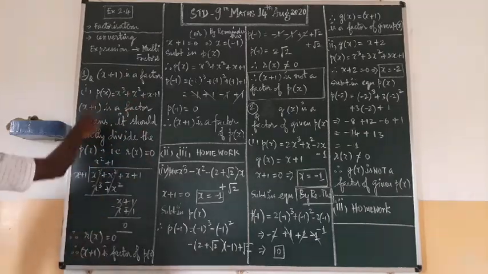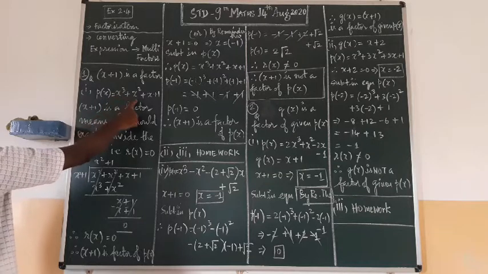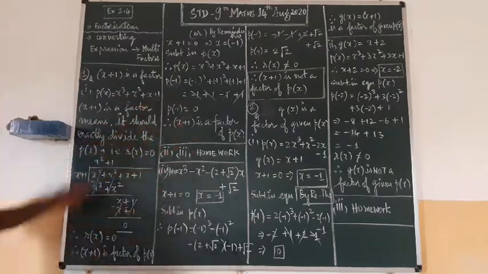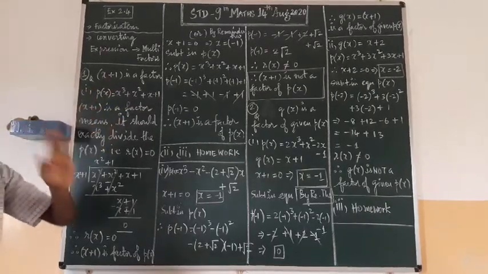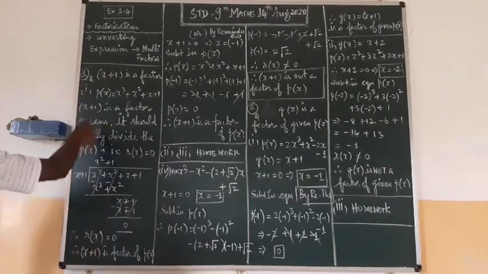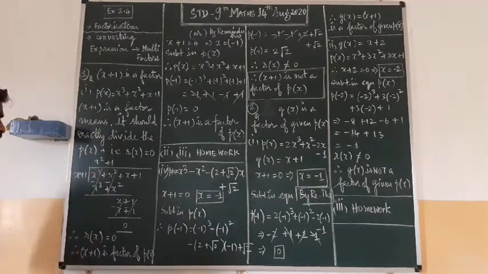Let us check. The first problem is p of x equal to x cube plus x square plus x plus 1. This is the polynomial, and you have to show whether x plus 1 is a factor or not. If it is a factor, it should exactly divide p of x. So I am dividing by normal polynomial division, writing x plus 1 outside the division bracket.